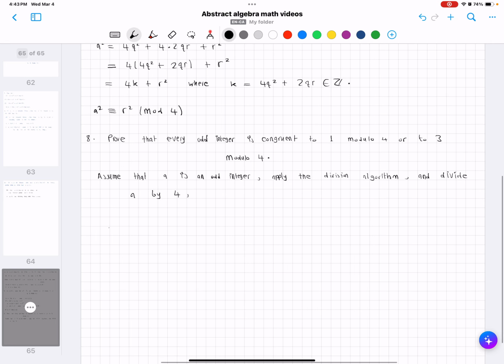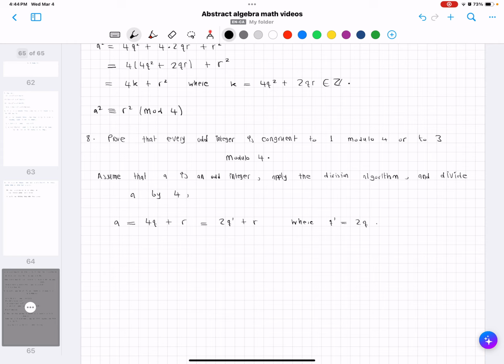And then what you get is A is 4 times Q plus R. You could write this as 2 times Q prime plus R, where Q prime is 2 times Q, as that will give you 4Q.